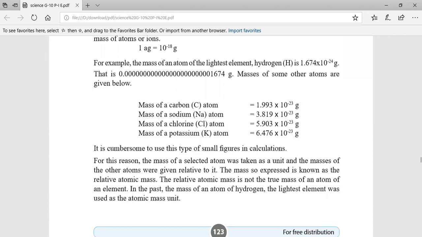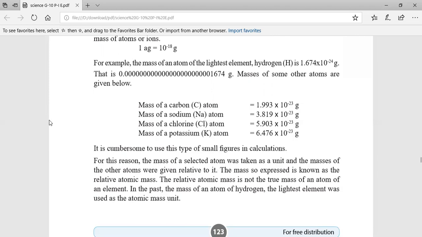For this reason, the mass of a selected atom was taken as a unit, and the masses of the other atoms were given relative to it. We select an atom and take the masses of the other atoms relative to that atom.